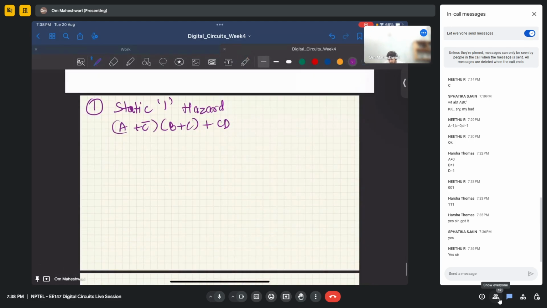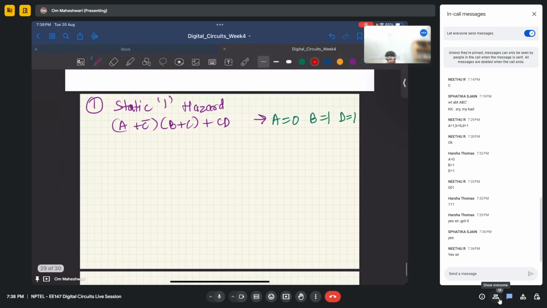So let's say I just want to remove the static 1 hazard. Then what should I do? Ideally, what is static 1 hazard? Due to this C bar plus C, your output should always have been 1, but somewhere you are getting this 0, right?